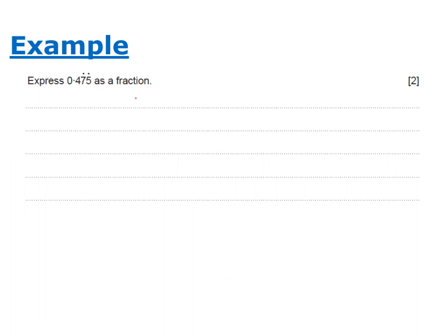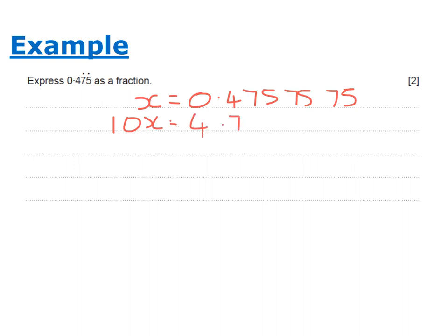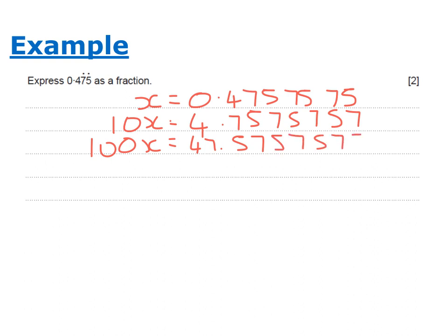In this question, we know that x will equal 0.475, 75, and so on. So 10x must be 4.75, 75. So 100x must equal 47.57575.